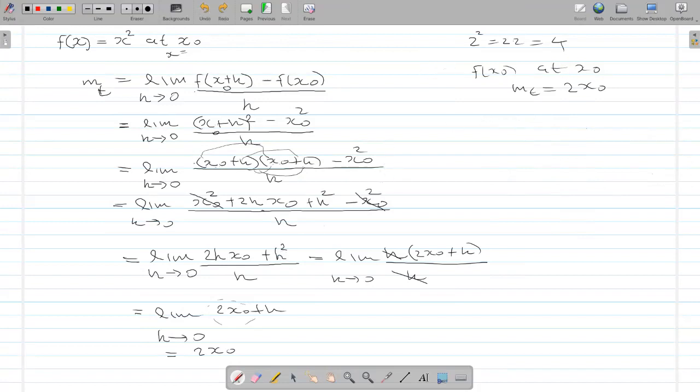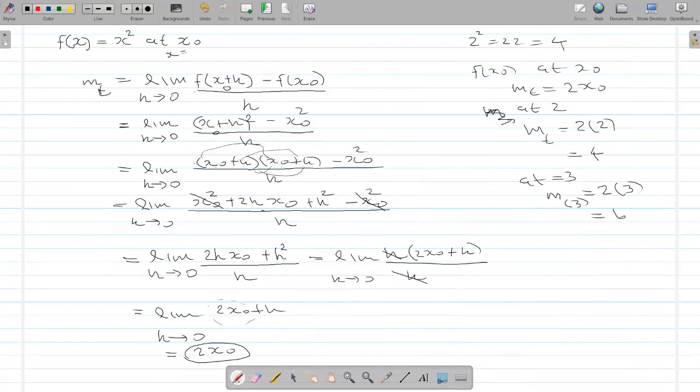Here, the derivative at x is 2x naught. So the derivative at 2 is 2 times 2 equals 4, and at 3, 2 times 3 is 6, no?